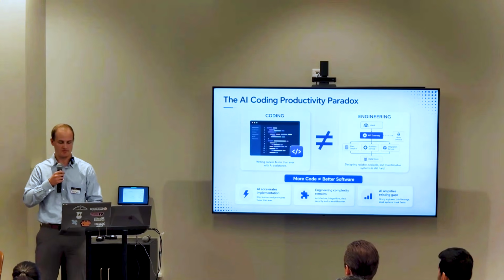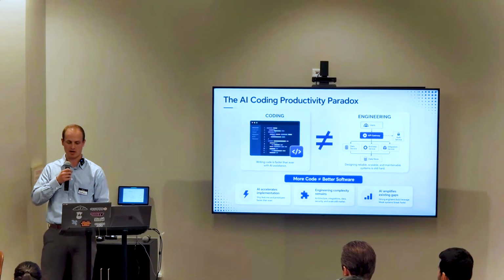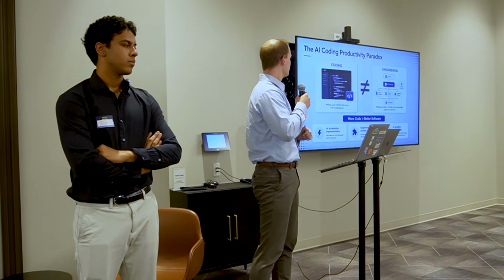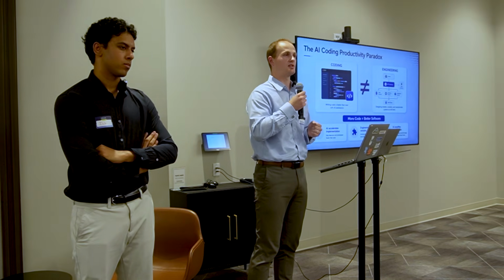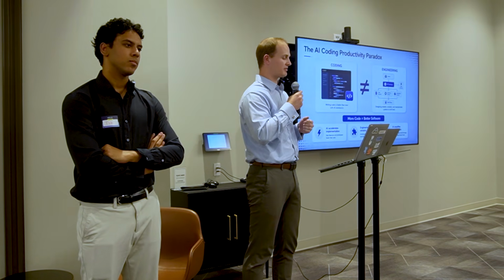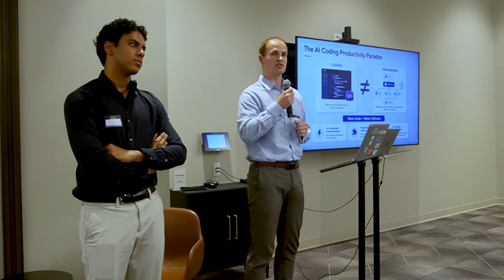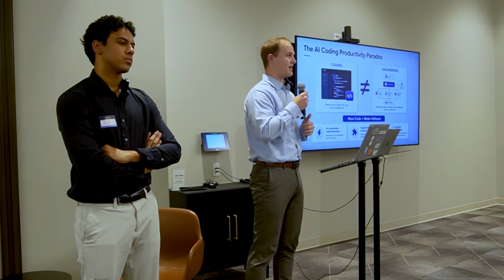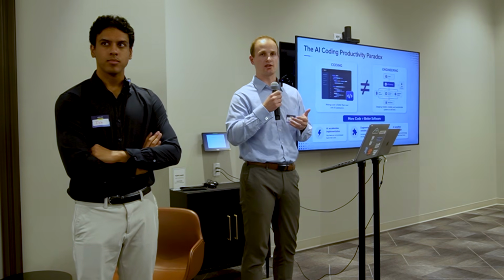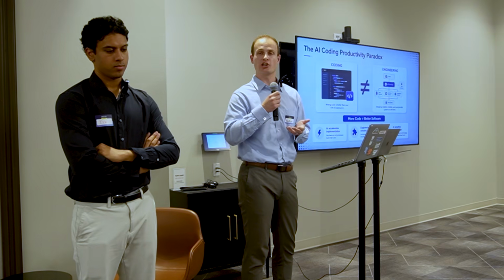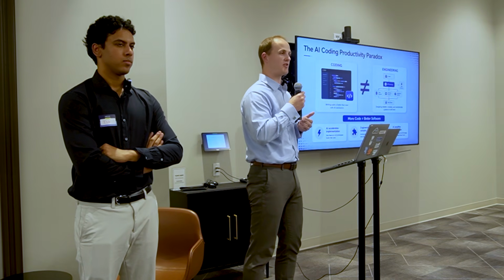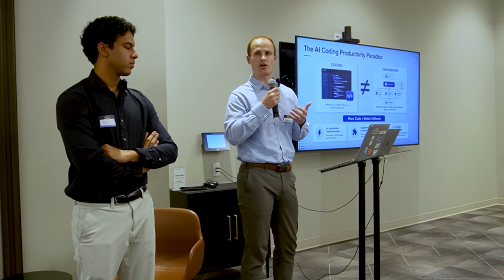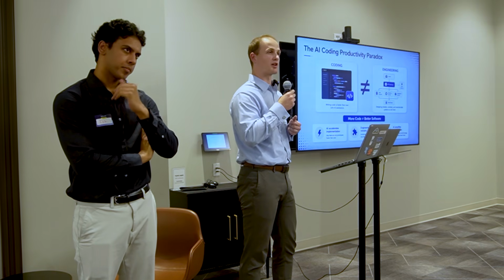There's actually been a good amount of research into this, and they've coined it the AI coding productivity paradox. Basically, what I just mentioned. Google's DORA team also found that AI is amplifying a lot of the strengths of engineering organizations if they have good processes, but it's also amplifying the weaknesses that are in those engineering organizations.